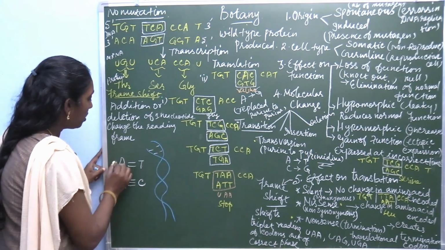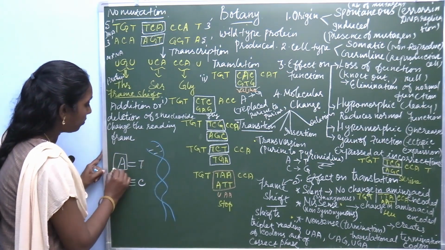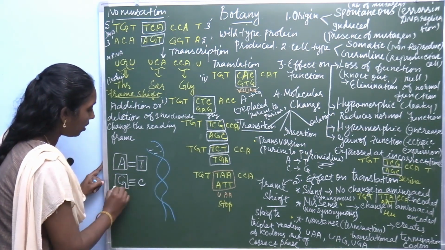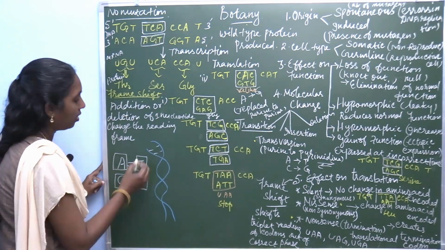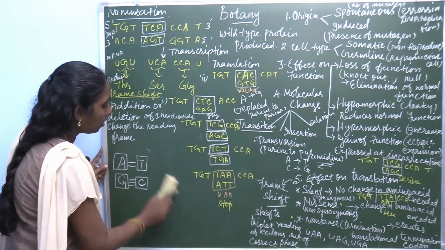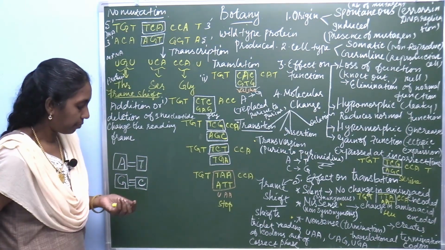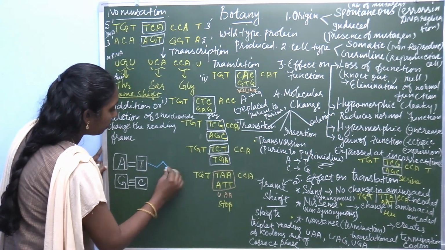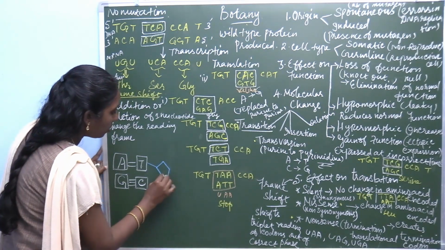If this is adenine, thymine, guanine, cytosine, and here it connects with a pentose sugar.